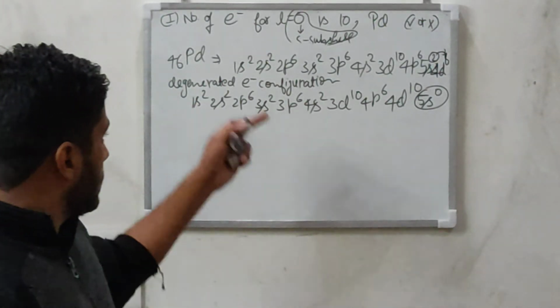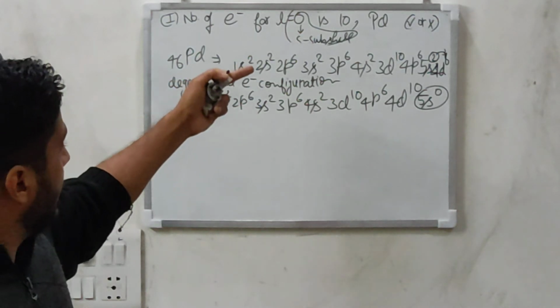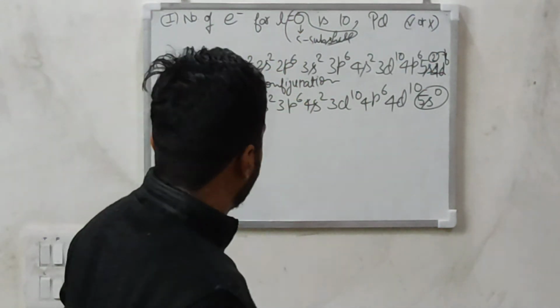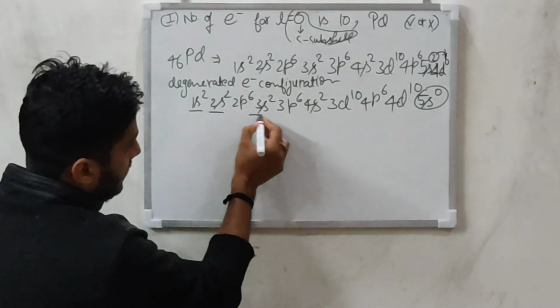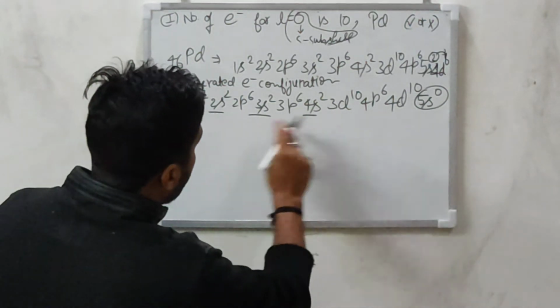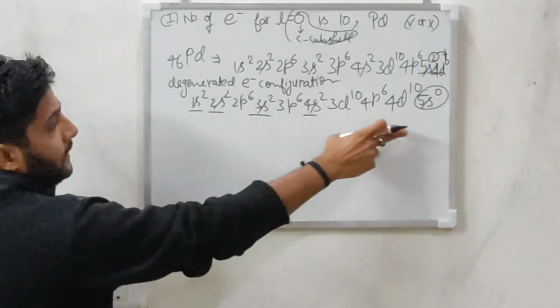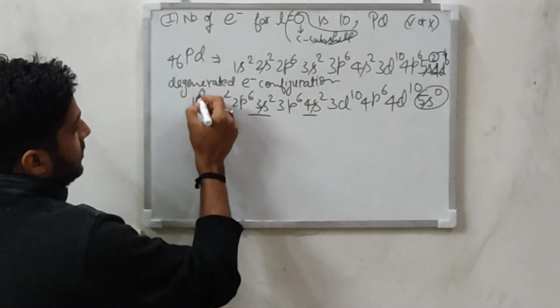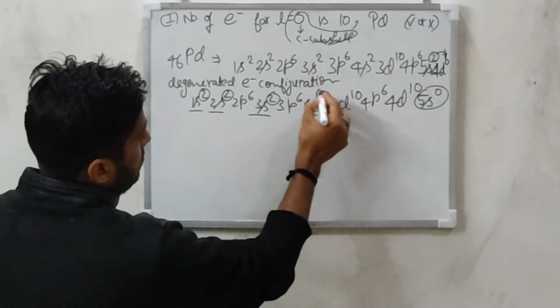The question is asking whether the number of electrons for L equal to 0 is 10. Here the s subshells are: 1s, 2s, 3s, 4s. The number of electrons will be 2 plus 2 is 4, plus 2 is 6, plus 2 is 8.